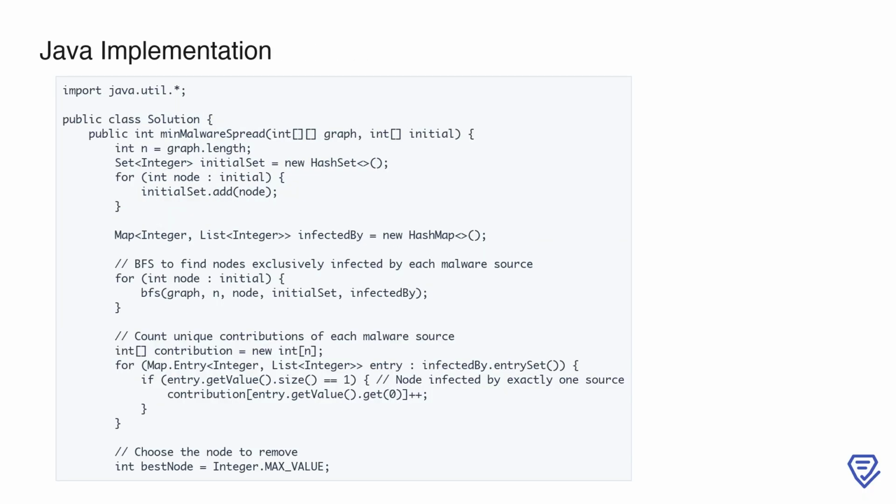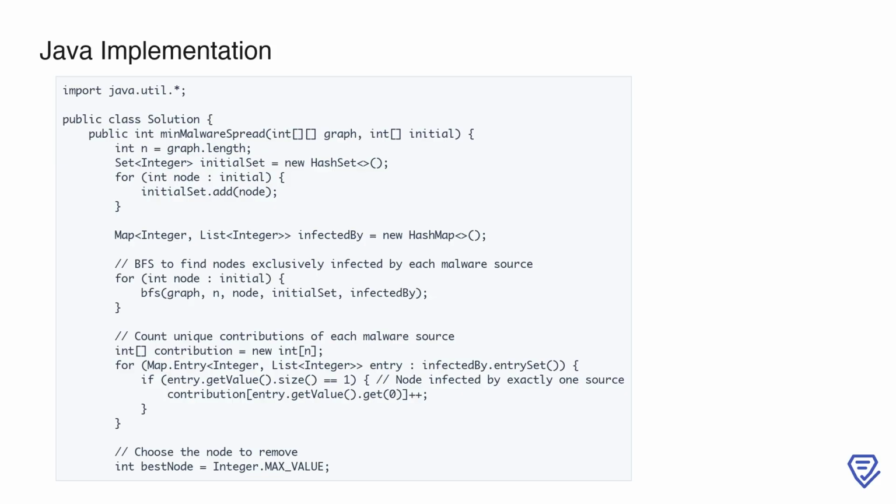Here, we start by defining the minMalwareSpread method, which takes in a graph represented as an adjacency matrix and an array of initially infected nodes. The first step is to determine the size of the graph, n, and then convert the initial array into a set for quick lookups. This initial set helps us track which nodes are initially infected.